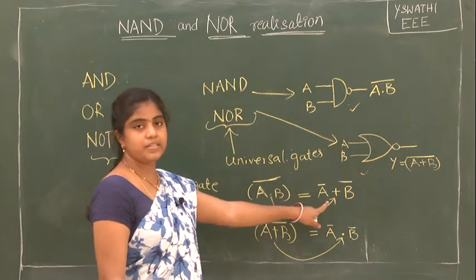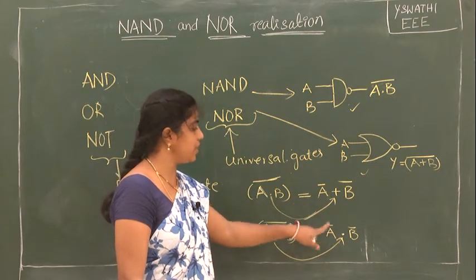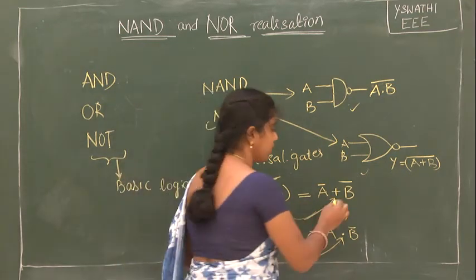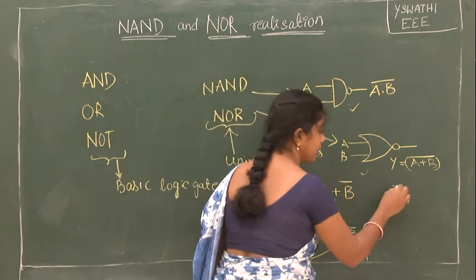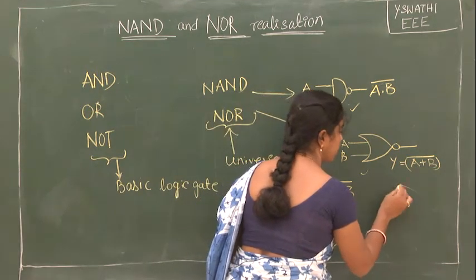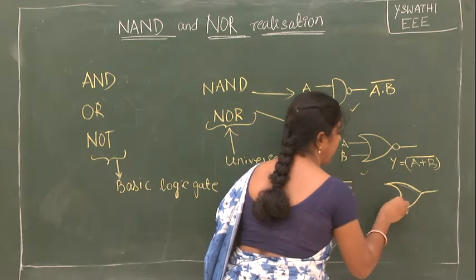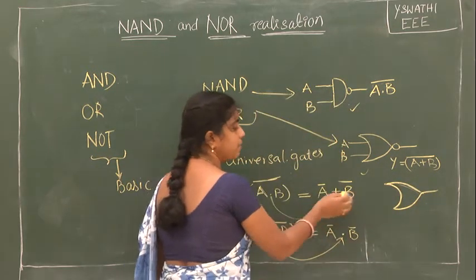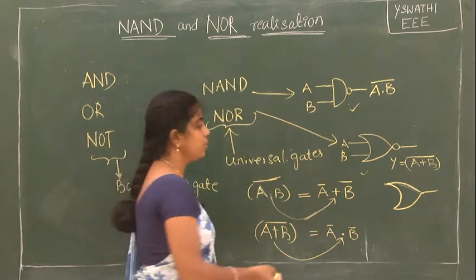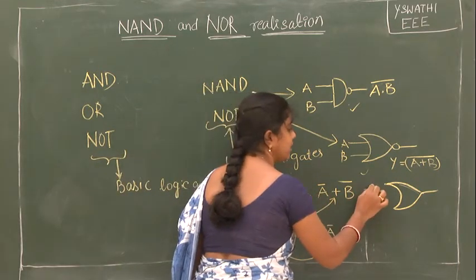So if you represent this logic expression in terms of logic gates, this is an OR gate having inputs A and B in complemented form.